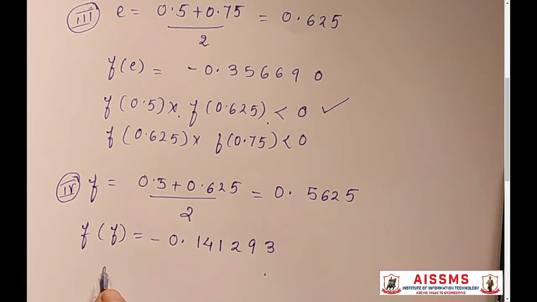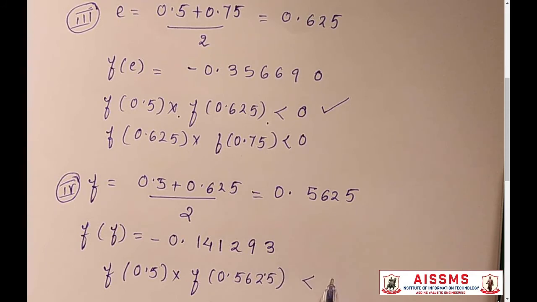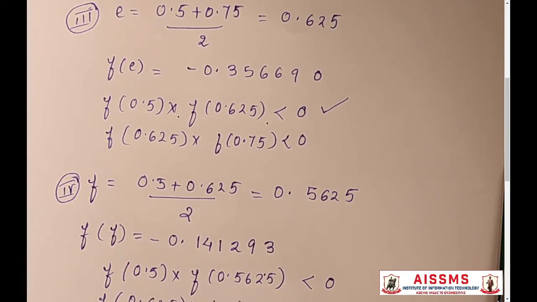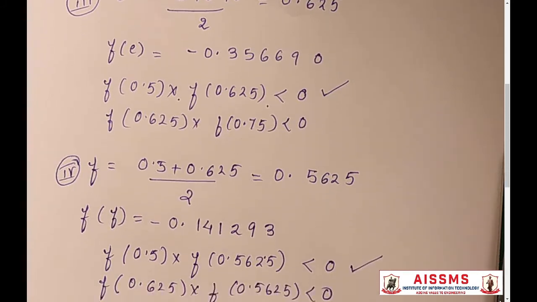Again, you have to check whether f of 0.5 into f of 0.5625 is less than 0, or f of 0.625 into f of 0.5625 is less than 0. You can see that f of 0.5 is positive, f of 0.5625 is negative. So root lies in this interval.